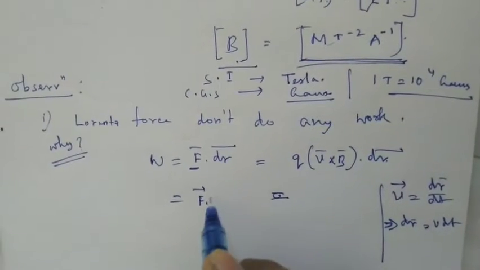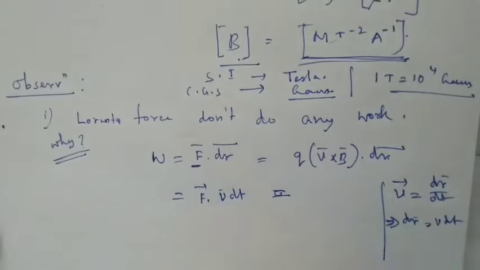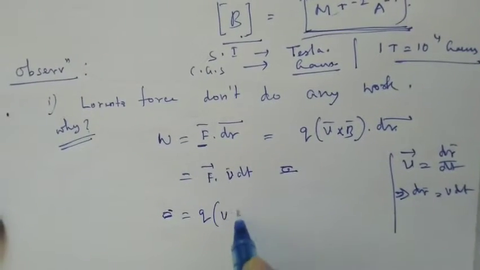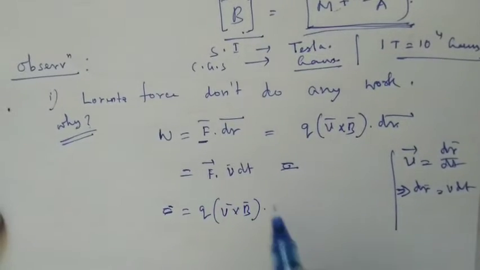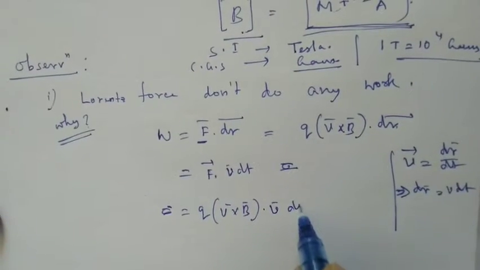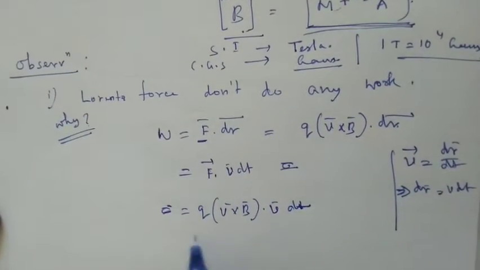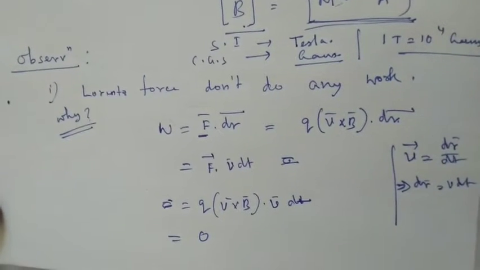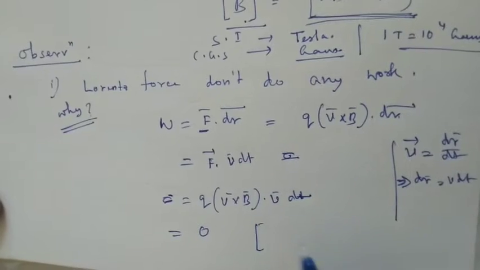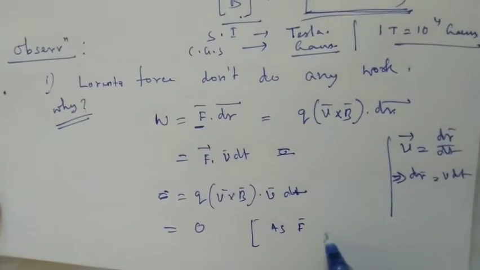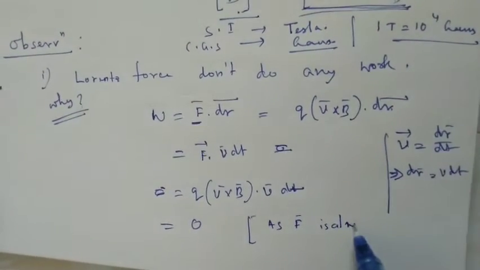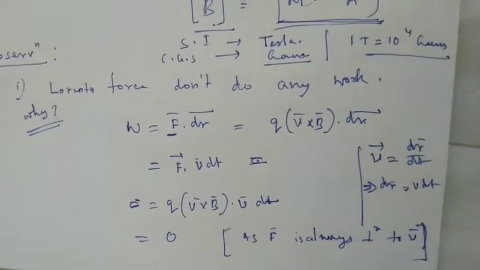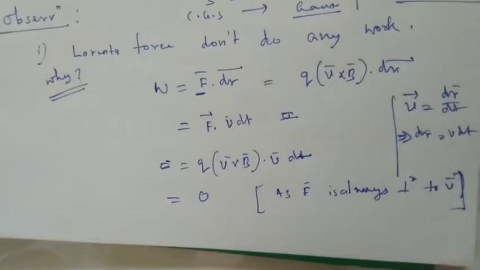We put here F dot v dt, and with F equal to q into v cross B, dot v dt, this gives you 0. Why 0? As F is always perpendicular to v. That's why Lorentz force is a workless force.